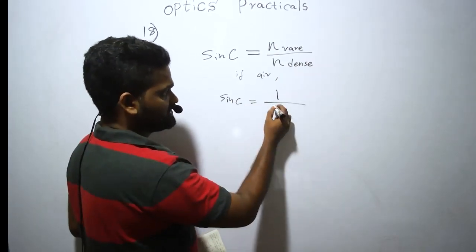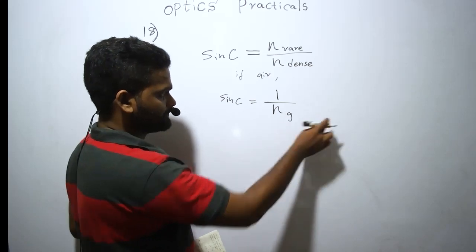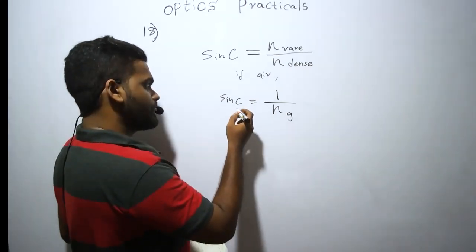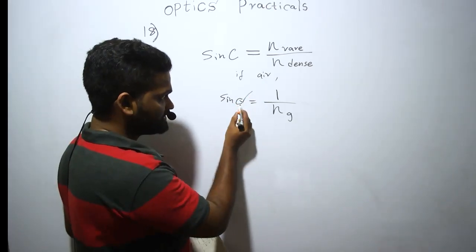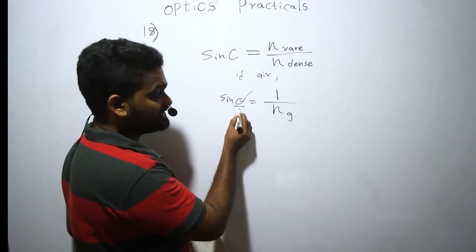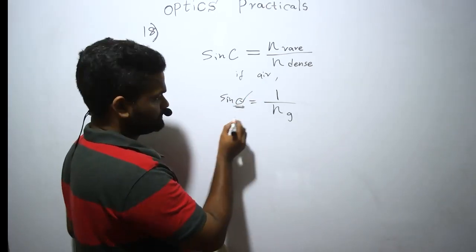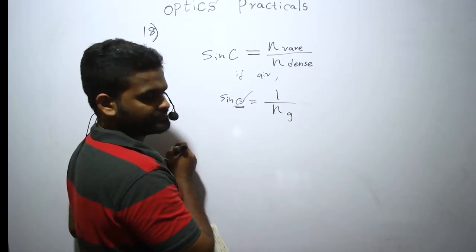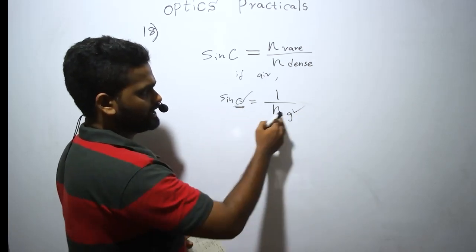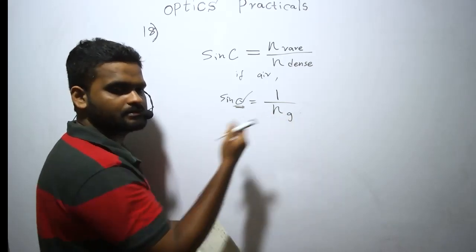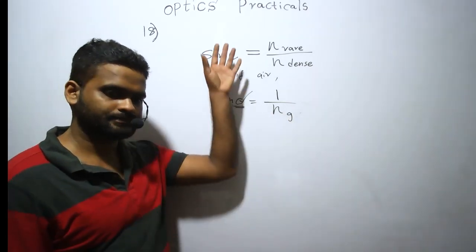For the dense medium, it is glass, n g, right? So the goal of this experiment is to get a value for this critical angle. You need to find the critical angle. So once you find the critical angle, you know the sine value of that, then you can find n g. n g means prism material, right?